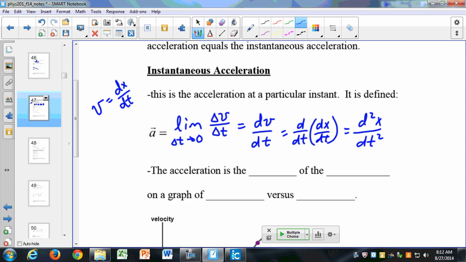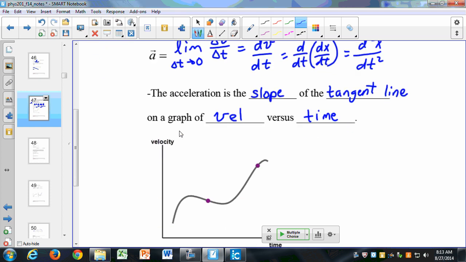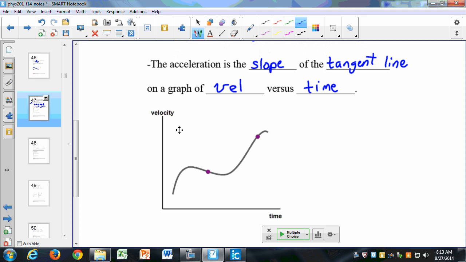All right, so the acceleration is the slope of the tangent line. Since it's the derivative, it just gives a slope on a graph of velocity versus time. So just like we did before, if I want to know the acceleration at a particular time, say at this point, I find the tangent line at that point.